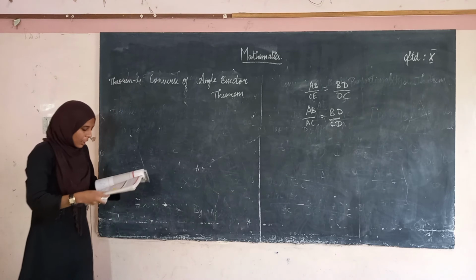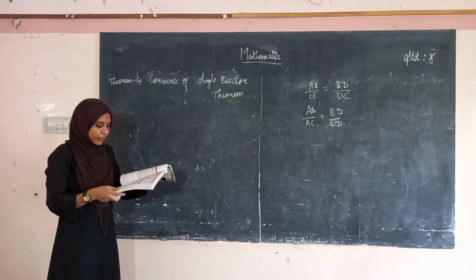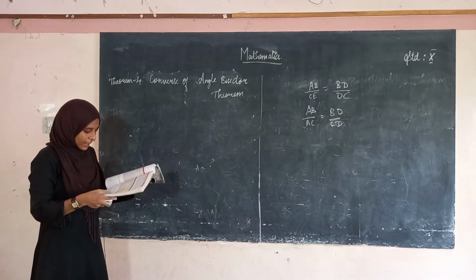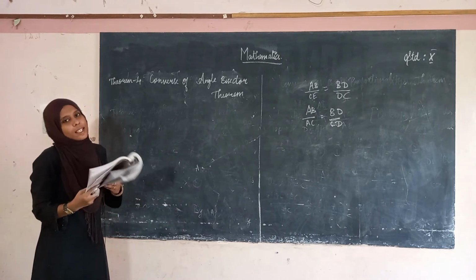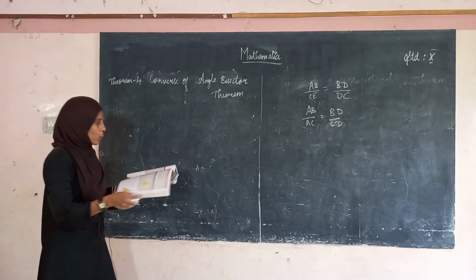See the statement. If a straight line through one vertex of a triangle divides the opposite side internally in the ratio of the other two sides, then the line bisects the angle internally at the vertex.